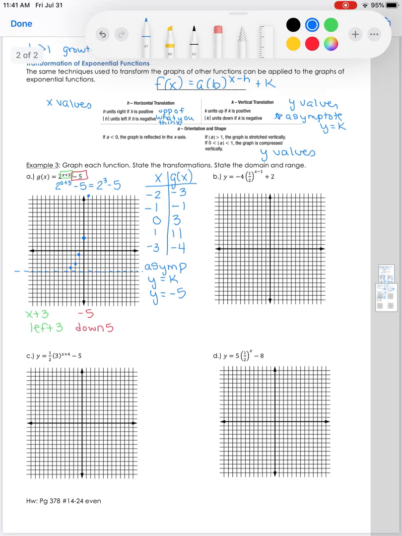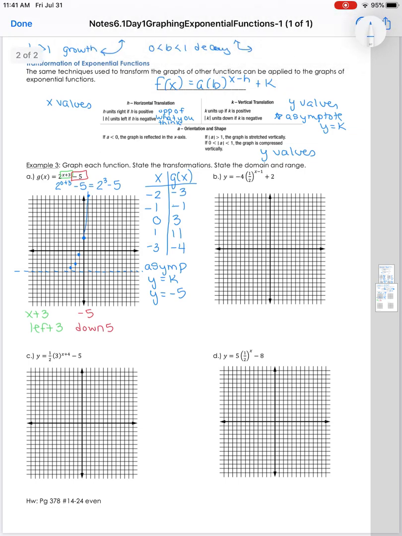But if you make your chart, you're going to get that same idea. So I'm just going to sketch going this way. Okay, and my new point down here is now going to be (-3, -4).